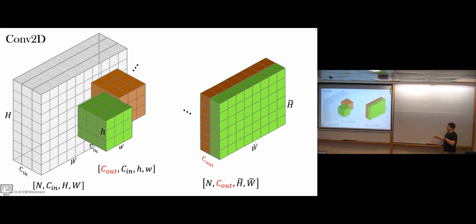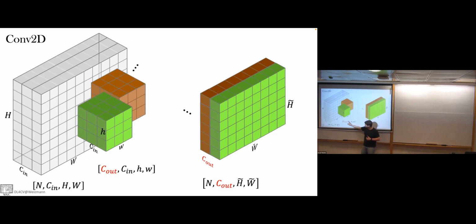So instead of saying I have many of those filters, all the filters together can be viewed also as an order four tensor. And this C out here is a design choice of this layer that determines how many channels I'm going to have in the output.